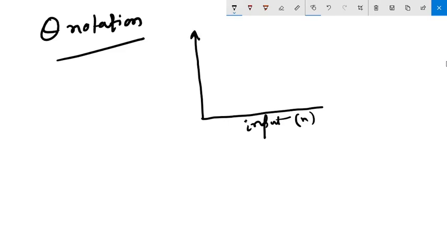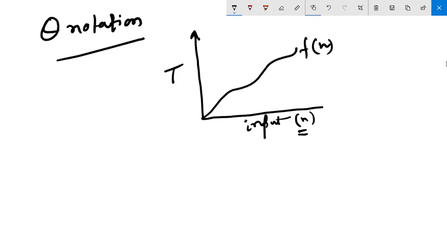The y-axis will tell you how this function behaves. So the x-axis is the input, the y-axis is time t, and this is your function fn, the outcome of the algorithm.